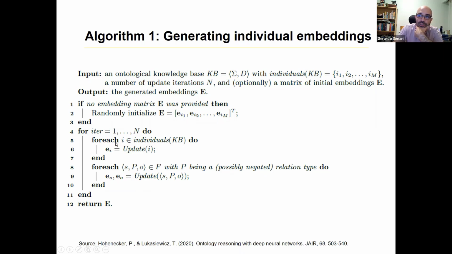So for each of the individuals in the KB and each of the triples for the relations, you just do this update step and then you're done. So this is where we can see materialized what we said in the intuitive part, where we had to go through all the data multiple times.